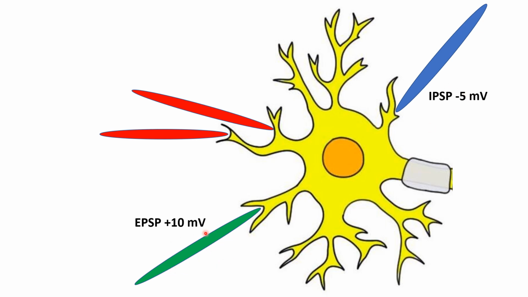The green one has an excitatory postsynaptic potential on this neuron equal to 10 millivolts, while this neuron has an inhibitory postsynaptic potential, IPSP, equal to minus 5 millivolts. What do you think will be the net result on this neuron?